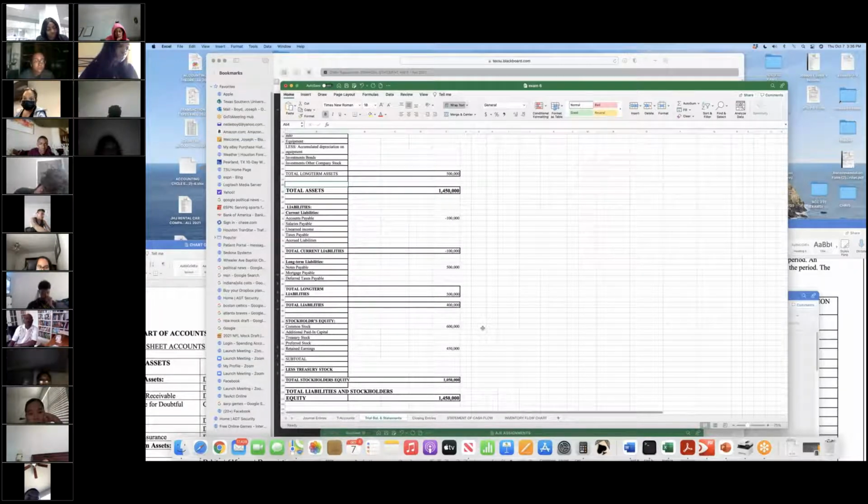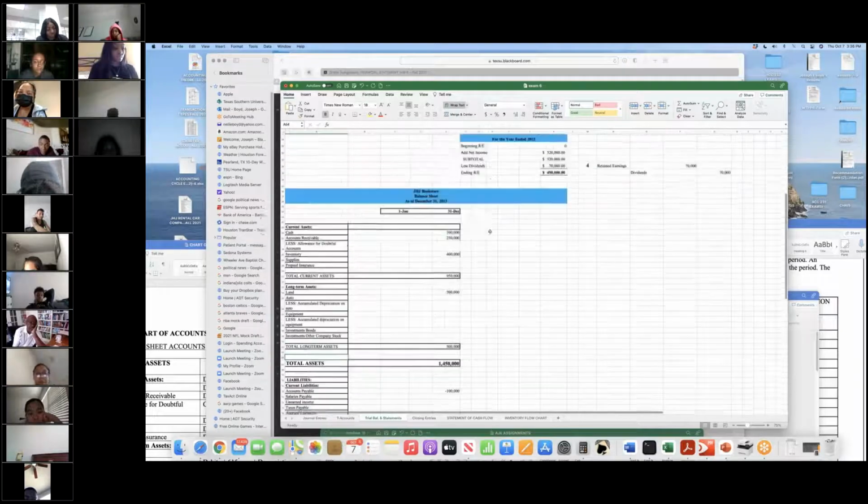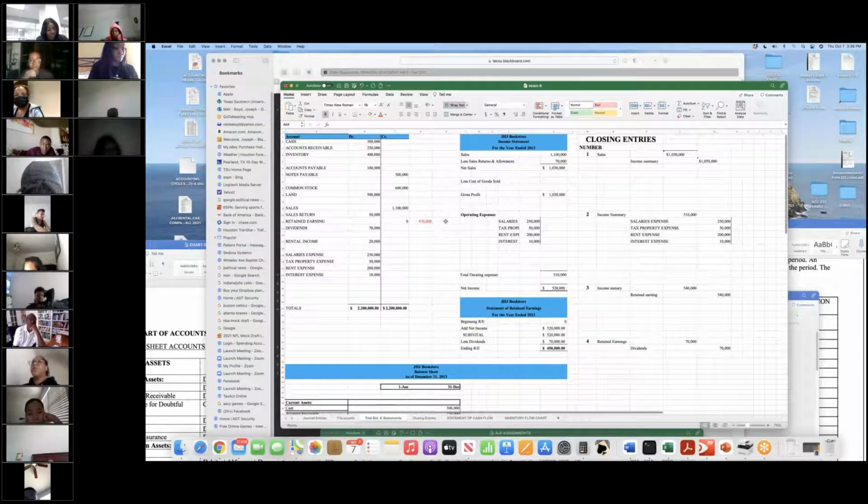I got 1650. Me too. Why do you subtract the accounts payable? So the total assets, I did get 1,450,000. But why total liabilities, I'm getting 1.2. Let's see, where's accounts payable?